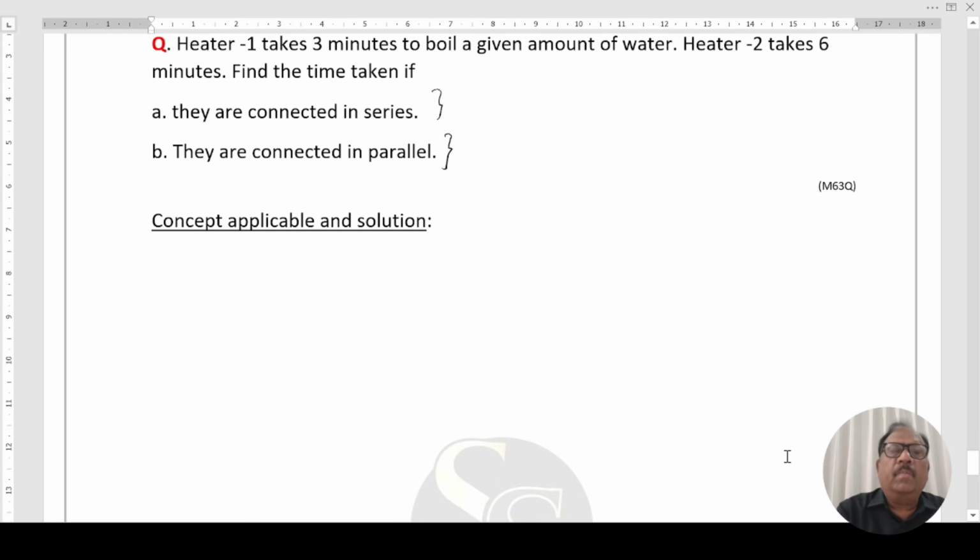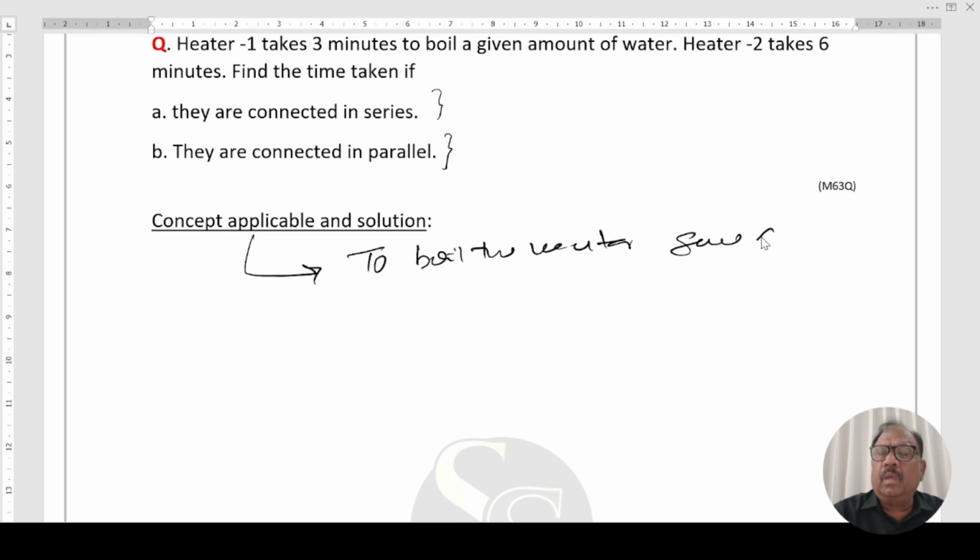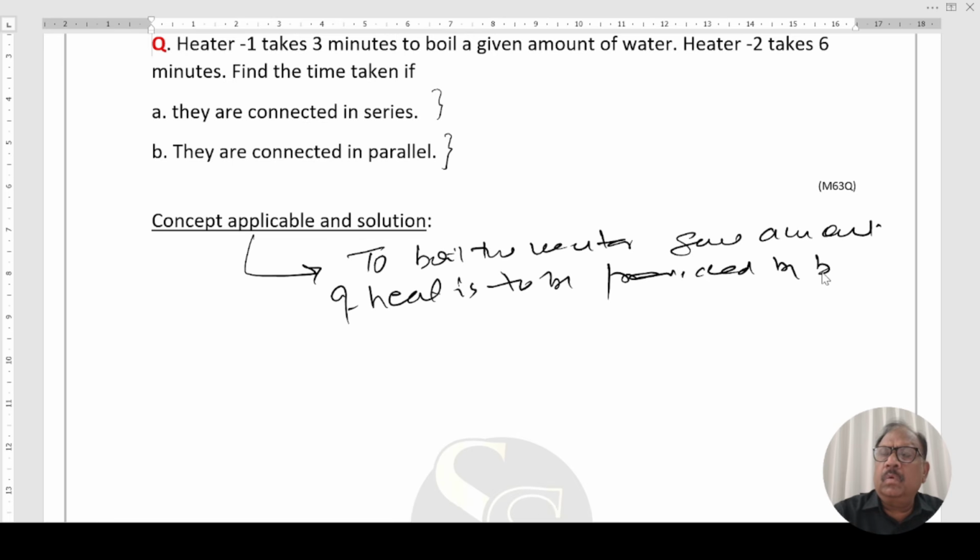Concept applicable: to boil the same amount of water, same amount of heat is to be provided by both the heaters. By both the heaters. This is the concept.